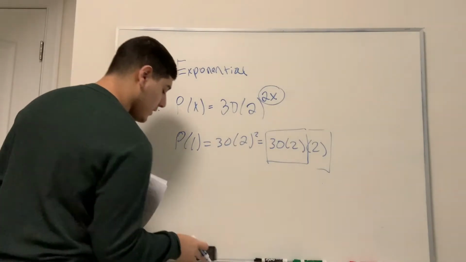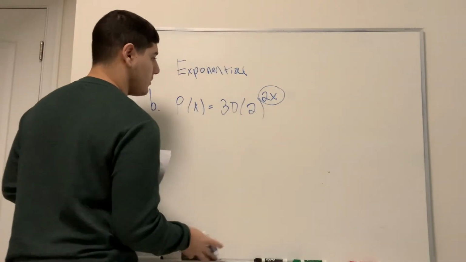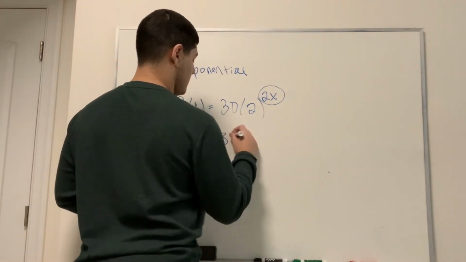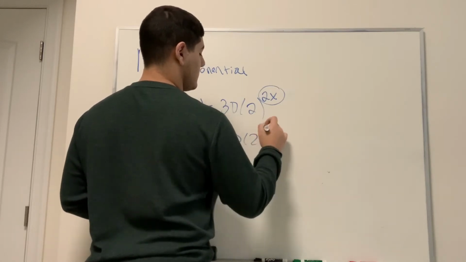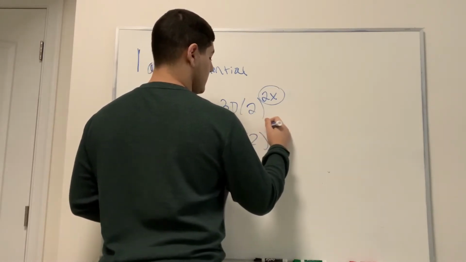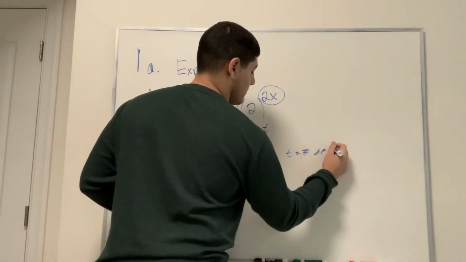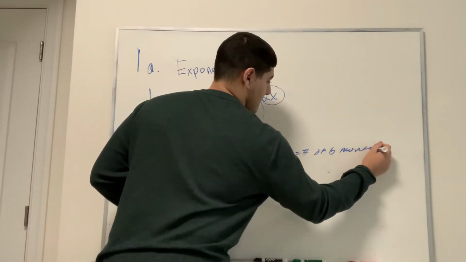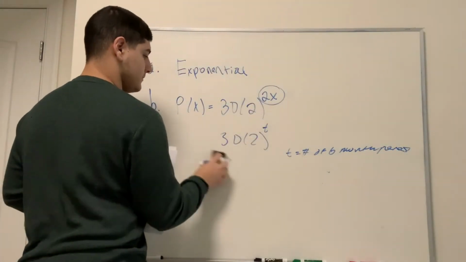That's why it looks like that. There are other ways you could do it: you can write it by T, where T is equal to the number of 6 month periods. So in 1 year, you just put in 2, and it's the same thing.